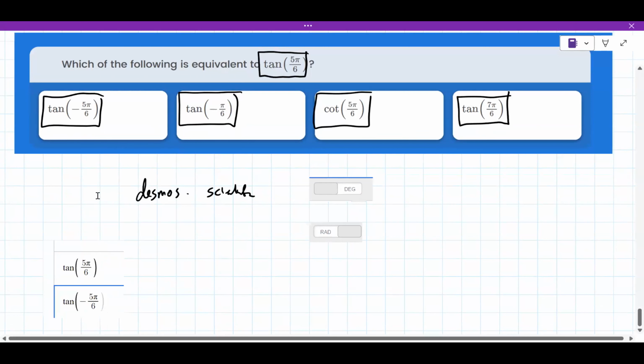I think it's the tangent of negative pi over 6 is that one.